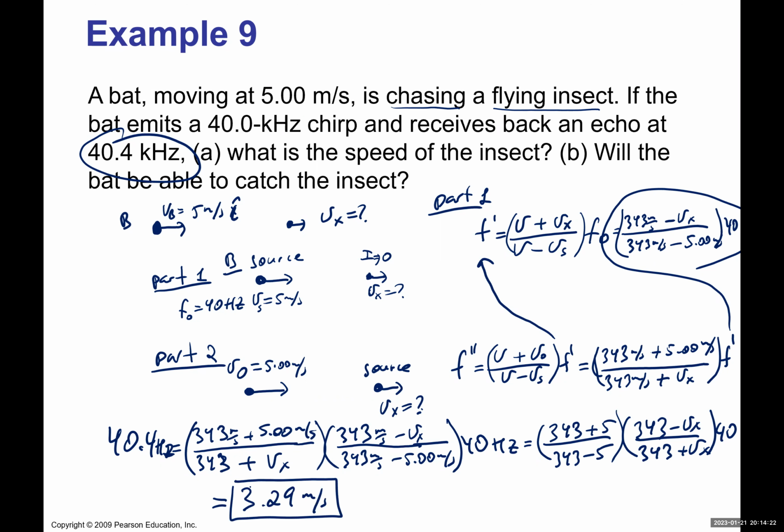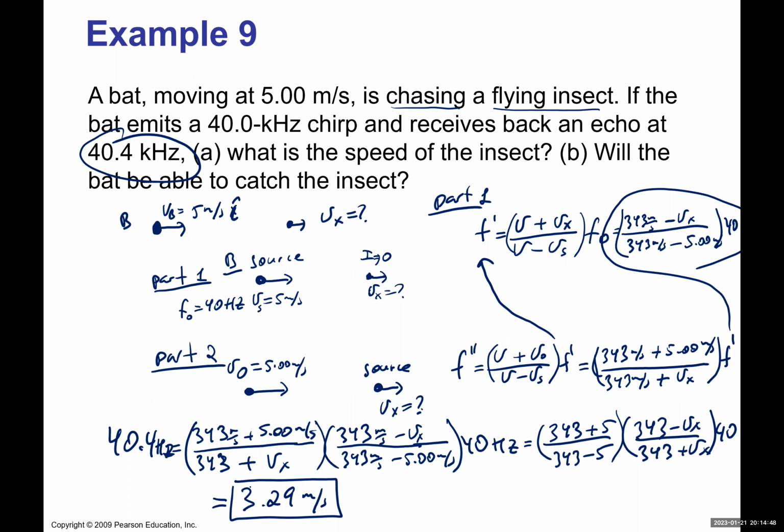This will be then the speed for the insect, and obviously, since technically it's going to be positive, it's going to be in the direction that we assumed, which is to the right. And you can see, if the bat is moving at 5 meters per second, an insect is only 3.29 meters per second.